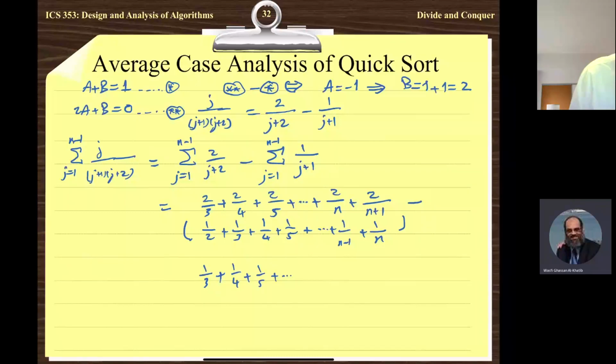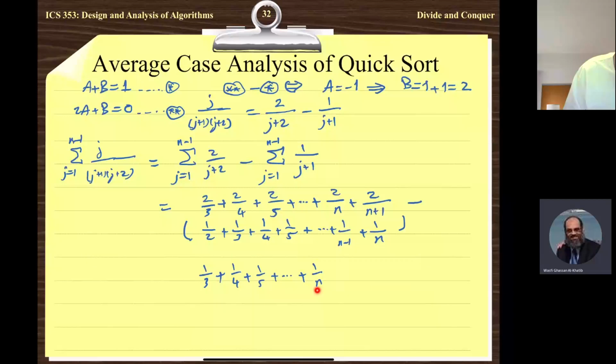And I'll continue until I reach the last one, which is 2 over n minus 1 over n. See, that's why I put the last two, because I don't know where I am going to stop. So as you can see, this is the last thing that we did: 2 over n minus 1 over n plus 1 over n. Okay, plus 1 over n.